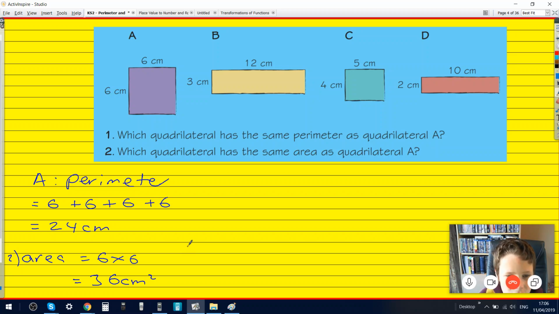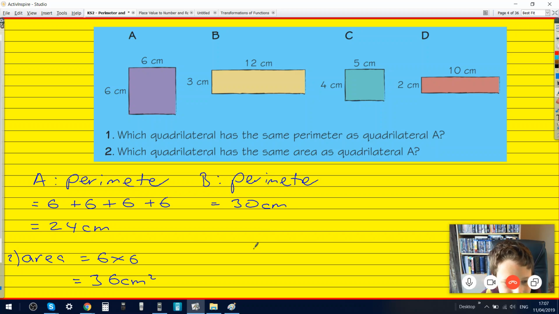So we would need to do all of the squares and perimeters to find out which one has the same perimeter as A. So for B, the perimeter would be 12 plus 12 plus 3 plus 3. 12 plus 12 is 24, and 3 plus 3 is 6. So 24 plus 6 is 30.